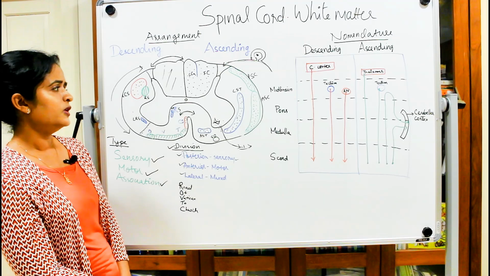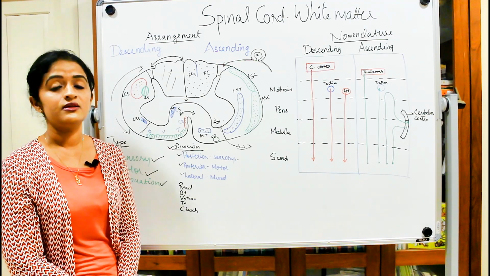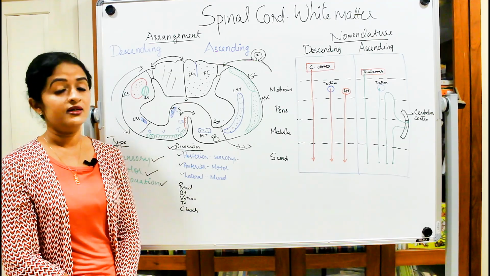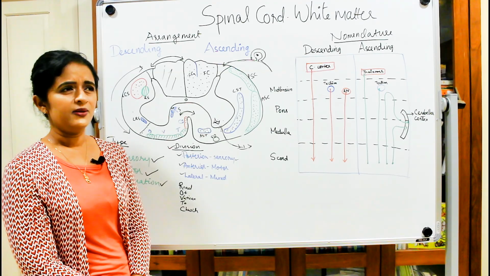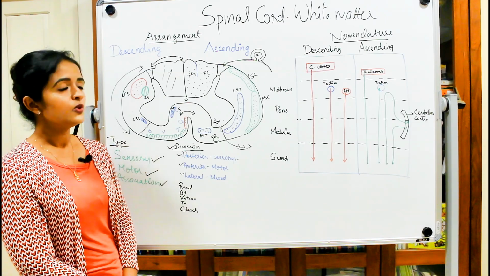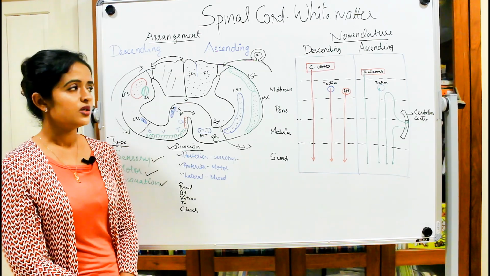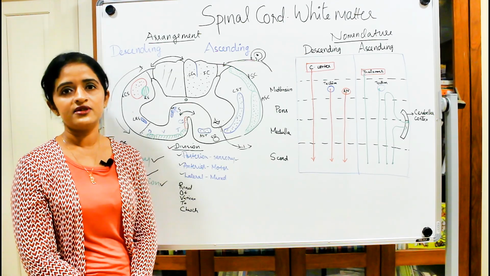Now we know that there are many types of nerve fibers in the spinal cord, and it is not easy to remember each and every nerve fiber running through the spinal cord, because it will be a hectic task to study each and every one. So mostly we will be discussing the important tracts which you need to know. At this point I would like to define what you mean by a nerve tract.